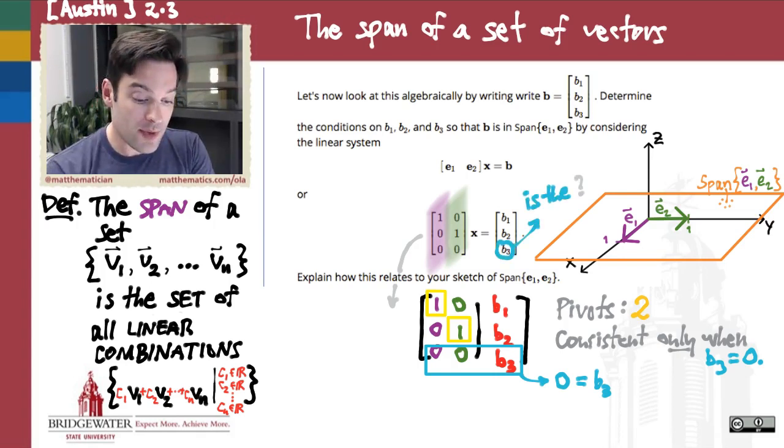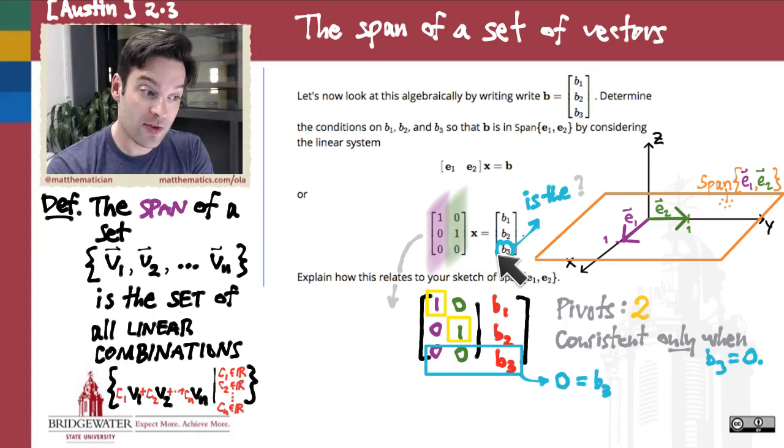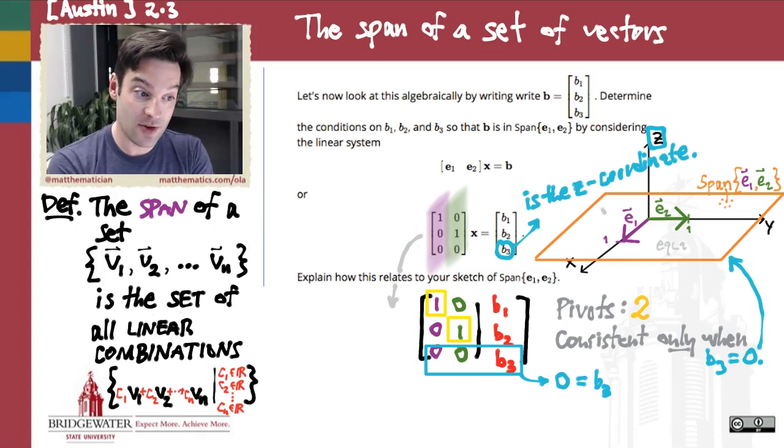But what is the role that b3 plays if the question is, for which b vectors do I have b equal to a linear combination of e1 and e2? My b vector is being chosen arbitrarily inside of 3 space. What's the role of that third coordinate? That third coordinate is exactly the z coordinate of the b vector that I've chosen.